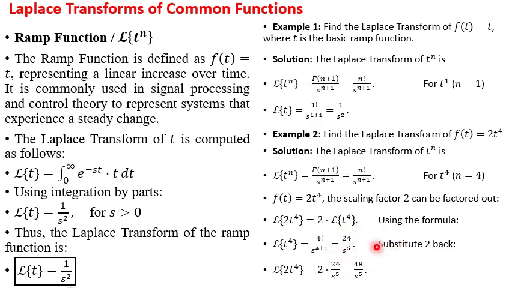Now we can substitute the scaling factor of 2 back into the expression, and the Laplace transform of 2t raised to power 4 becomes 2 multiplied by 24 all over s raised to power 5, which gives us 2 times 24 equals 48. So the answer becomes 48 all over s raised to power 5.